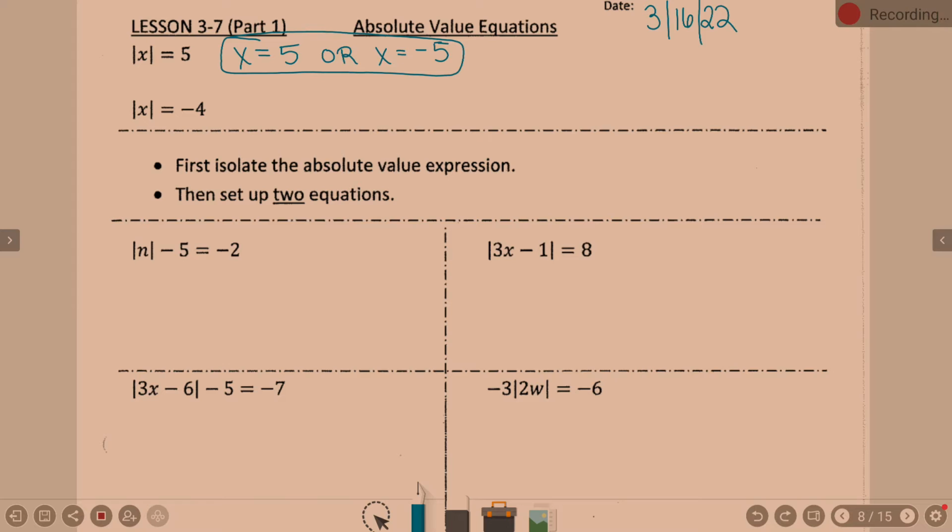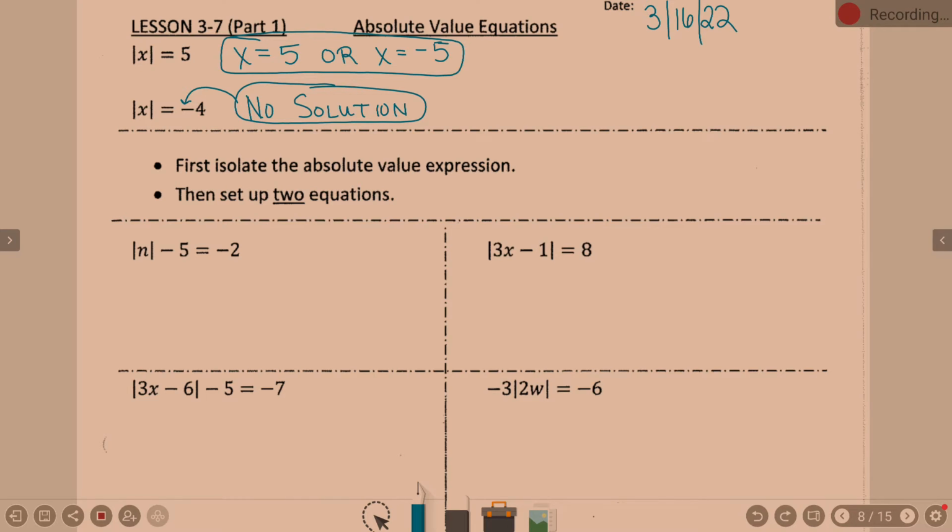Okay. So the catch here is that absolute value cannot equal a negative. And so since absolute value cannot equal a negative, anytime you have absolute value bars equal to a negative, we're going to say no solution.